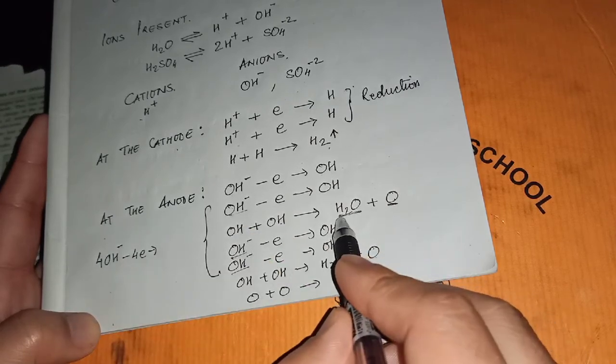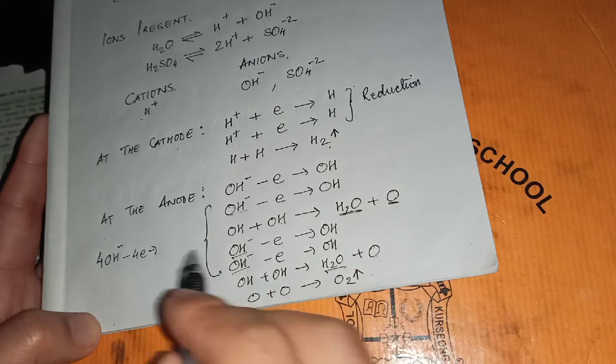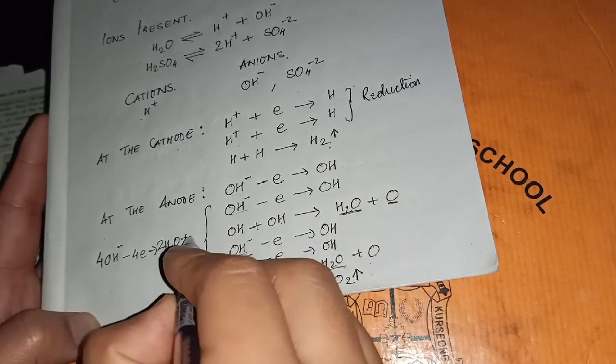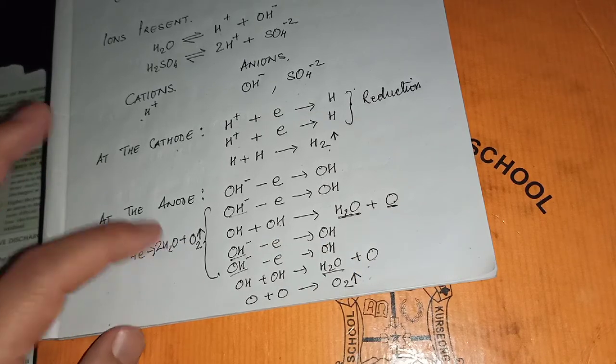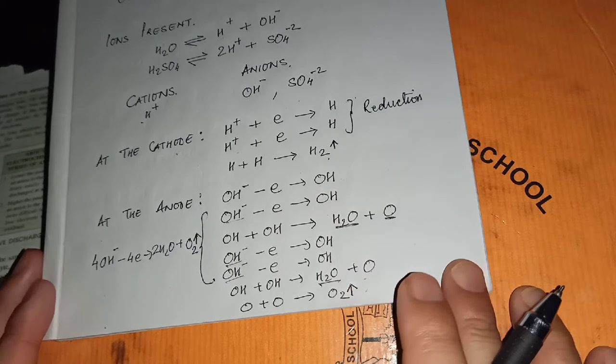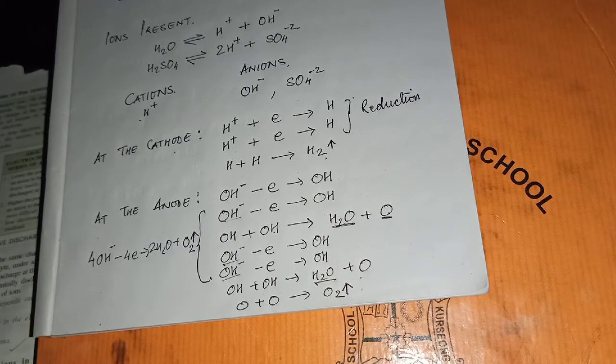And how many water molecules are produced? 1 and 2, so 2H2O plus one oxygen molecule, O2, and this gas will get liberated at the anode. So this is how the electrolysis of acidified water takes place using platinum electrodes.